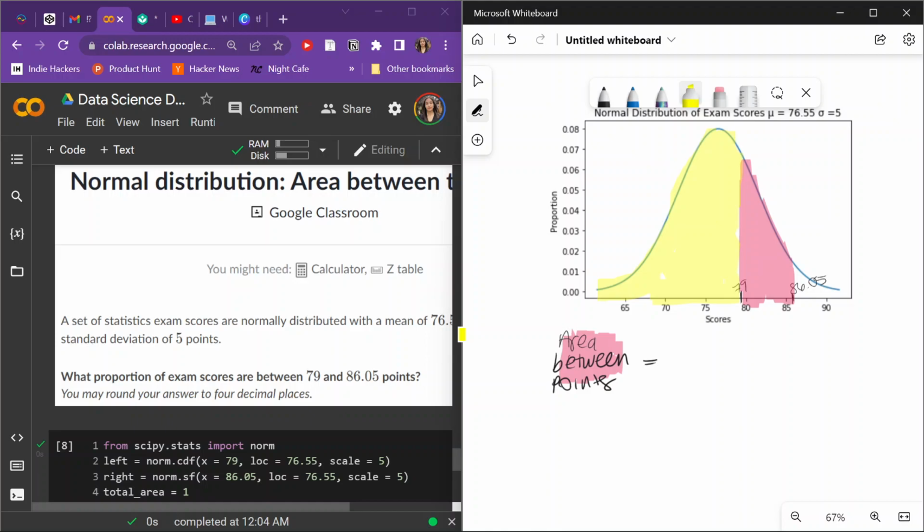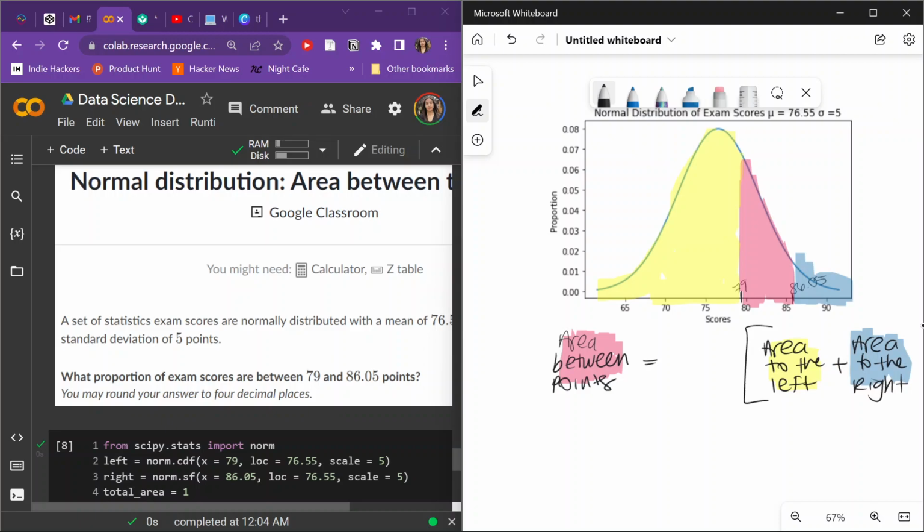So this is area to the left. And I have to add that to the area to the right of 86.05. So that should be this area over here. And then I have to add those, right?